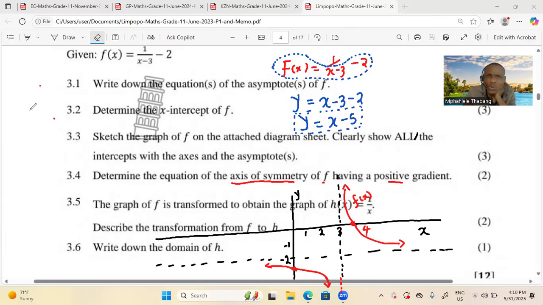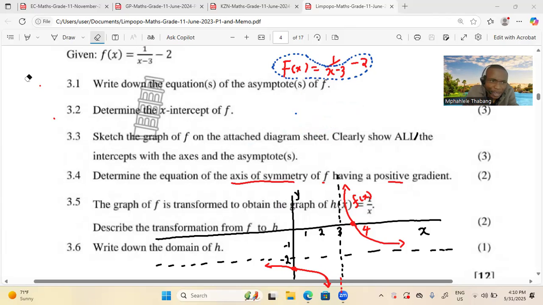So how do we find the axis of symmetry which has a negative gradient? This one here, y equals x minus 5, is the axis of symmetry which has a positive gradient. How do we find the axis of symmetry with a negative gradient? This is what you do.